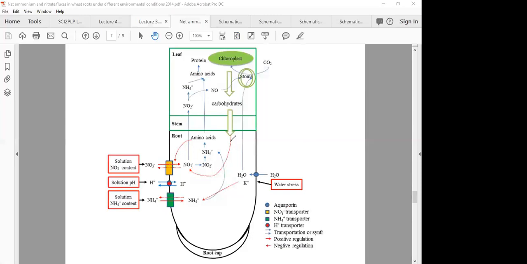So there are lots of these different regulatory mechanisms: positive regulation, negative regulation, and water stress would probably be the only environmental stress that causes root cells to lose nutrients rather than move nutrients into the cells. So very nice image. I hope you agree with that.